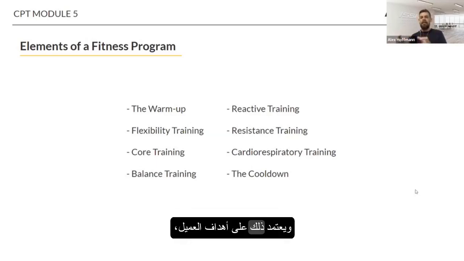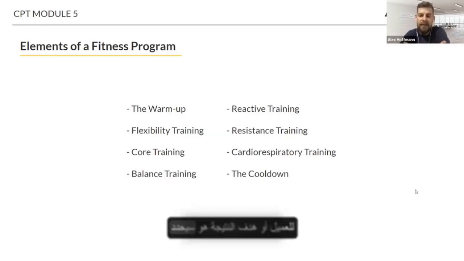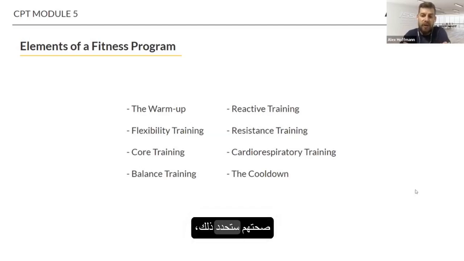It's dependent upon the client's goals whether or not we include all of these elements of fitness in the client's training program. The client's ultimate performance goal or outcome goal is going to determine whether or not we incorporate an element of fitness. Their health is going to determine it, and then their overall needs as well, based off of those two factors, are going to determine whether or not we use specific elements in our program design.